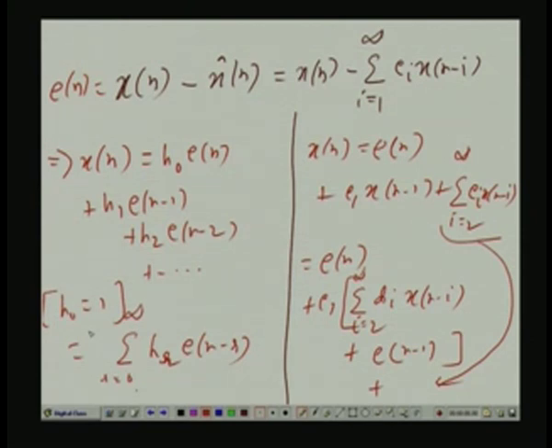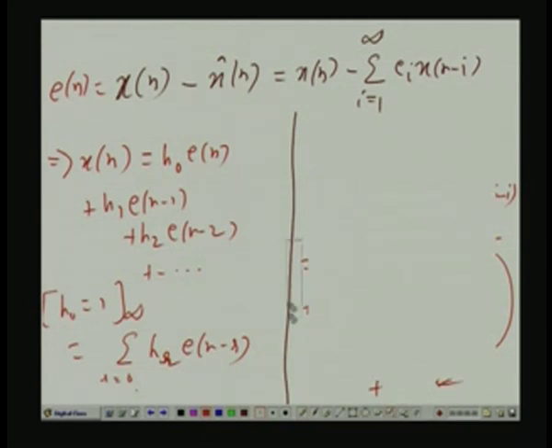So, all the terms are orthogonal to E n, therefore, E n is orthogonal to the difference between x n minus 1 and x cap n minus 1, that is, we can write E n orthogonal to what? All the past.